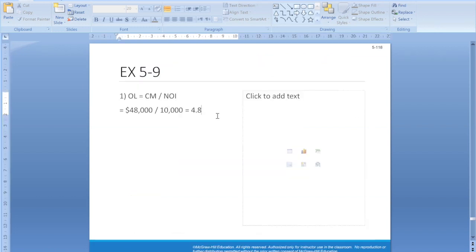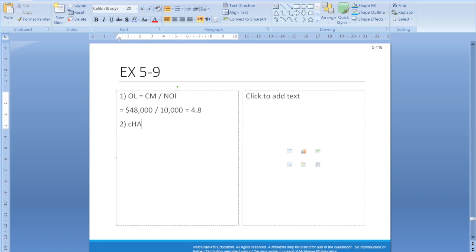We do have a shortcut, and this is the reason to calculate the operating leverage. So number two, we can calculate the change in the operating income directly from the operating leverage with the increase of sales.